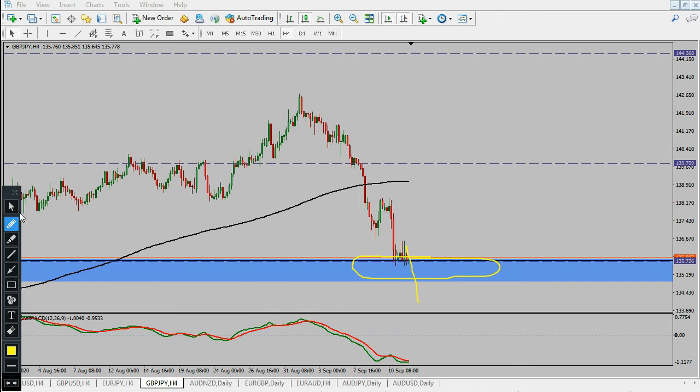But from now, I am only looking for long positions and avoiding short positions, because short positions are short term and the long positions are for the long term. So my overall opinion about the Pound Yen is now an upside move with these targets. These two are my longer term targets of GBP Yen.